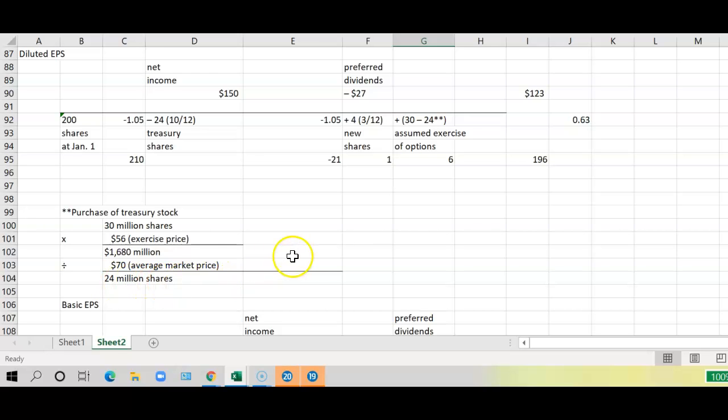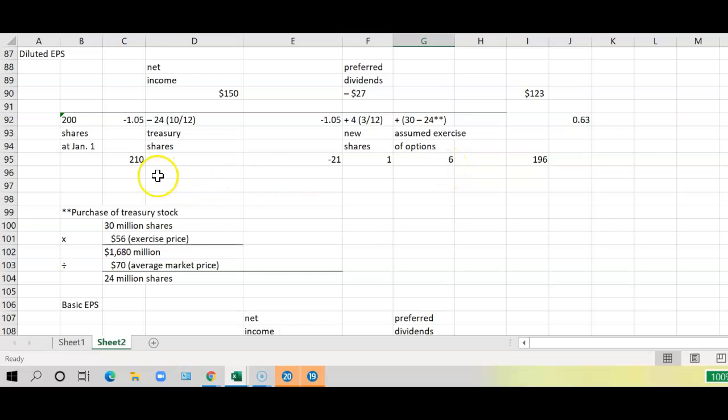So you would take the 30 million, assuming the stock option occurred at the beginning of the year, less the purchase back of their own shares, the treasury stock method, of 24 million. So the assumed exercise of options is 6 million shares.